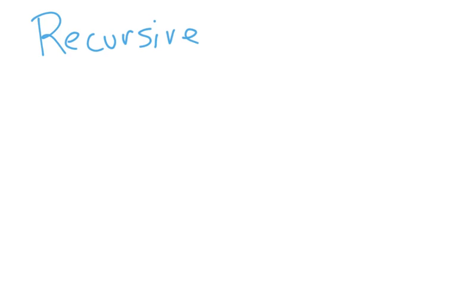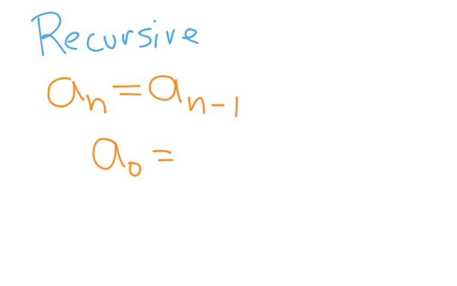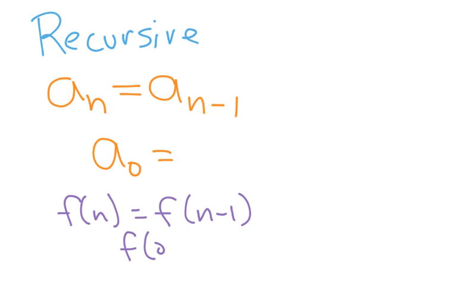Remember, the recursive formula starts out a sub n equals a sub n minus 1, and we like to do a sub 0 equals. Now, we could go f of n equals f of n minus 1 and f of 0 equals, and use that function notation.